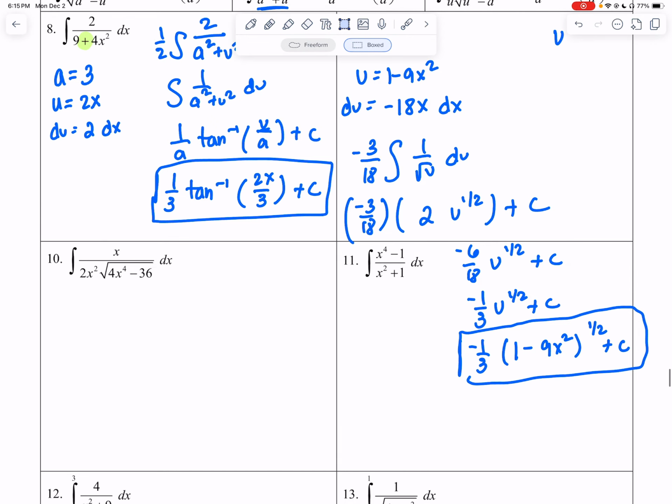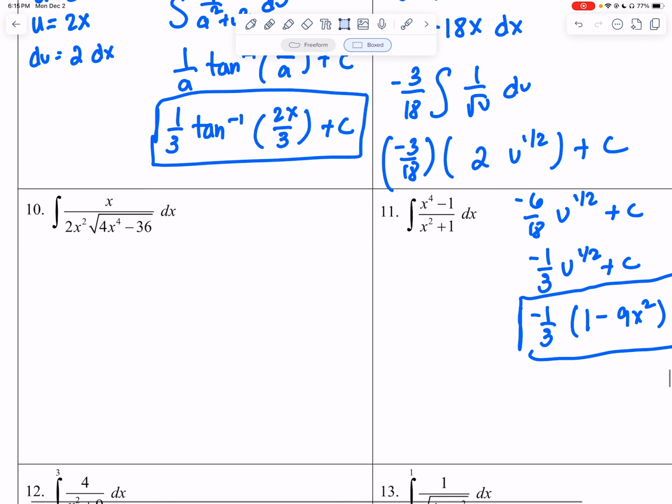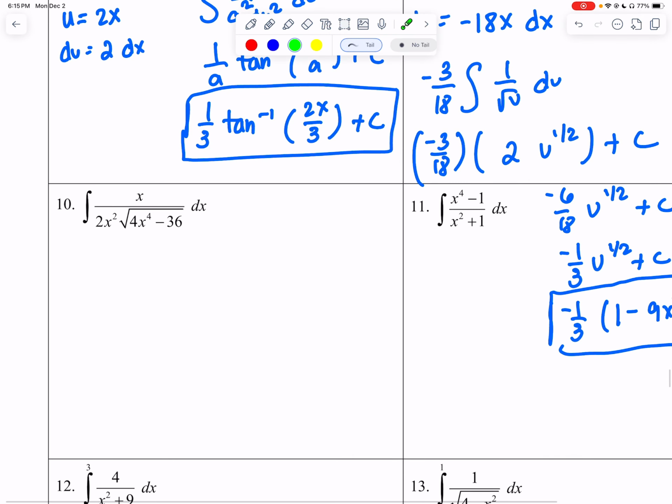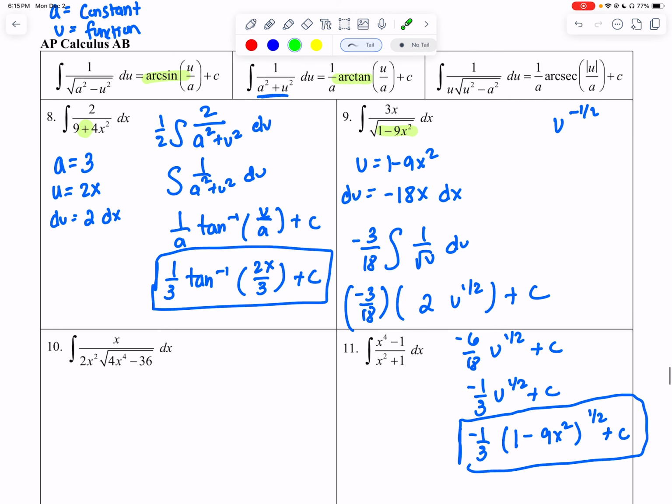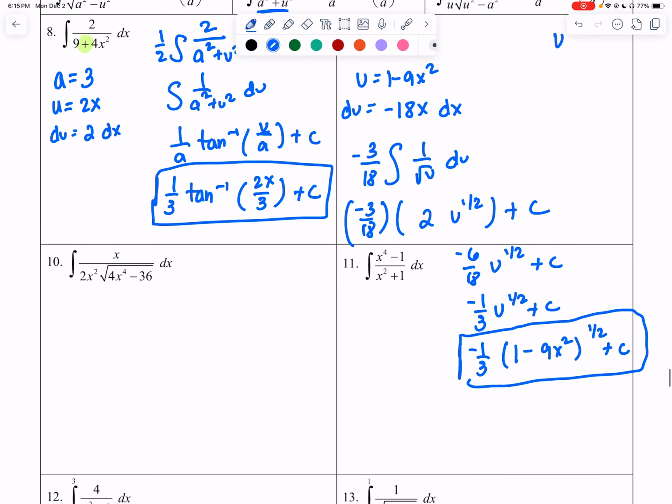Okay, same thing with number 10. Notice how I have a square root, and then notice how I have a 2x squared. So this kind of looks like inverse secant. My u is going to be 2x squared, and then my a value is going to be 6.